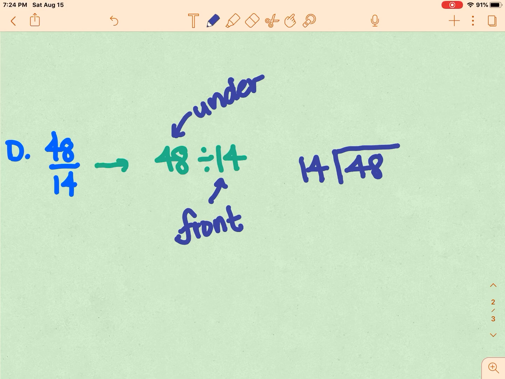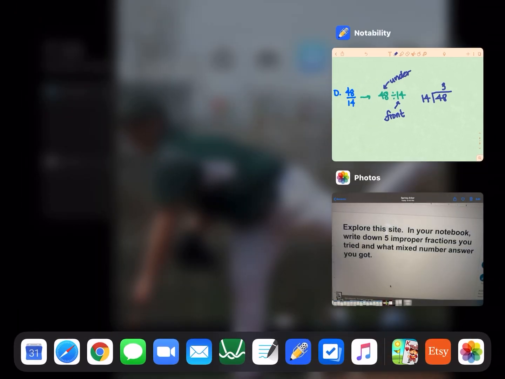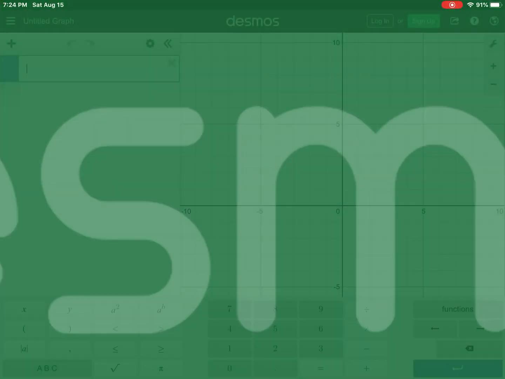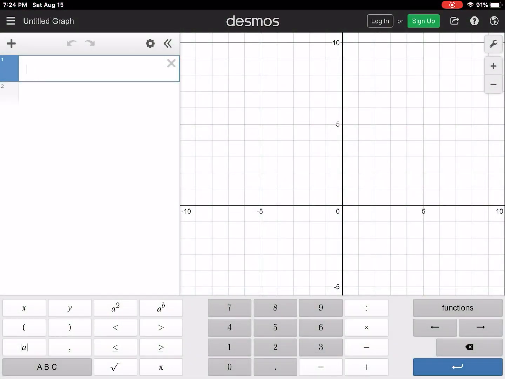Okay, so if I want to see how close I can get to 48, the closest I can get is 3. Now, if you're having trouble figuring out which one will be the closest, remember, you can always put it in your calculator.